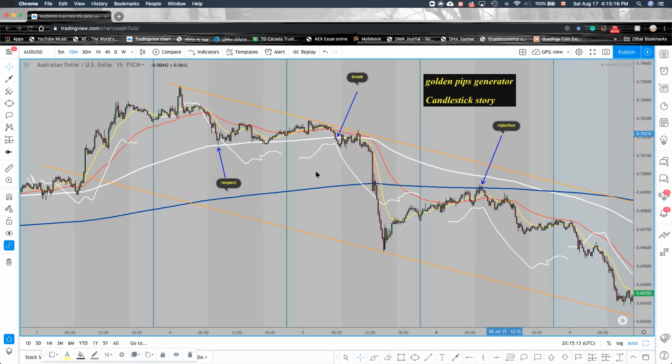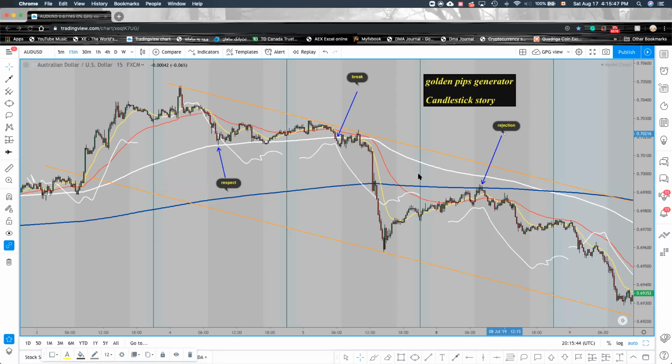That doesn't happen. But when financial market closes the price every 15 minutes and then gives an average, depending on what period of moving average I am going to use, then this is not price stopping where a moving average is. That to me is something that price can respect, reject, or break.